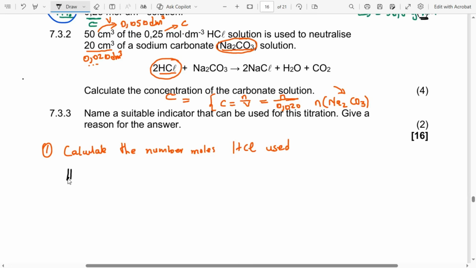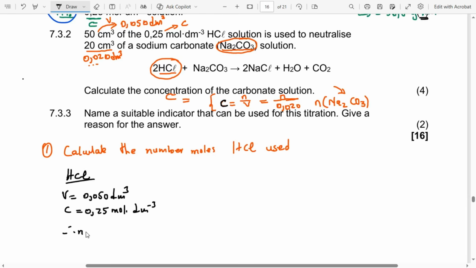So for HCl, I need to write down the data. The volume for HCl was given as 50 centimeter cubed, which is something that we converted into 0.050 decimeter cubed. The concentration is given as 0.25 mole per decimeter cubed. From this information we can make n the subject of the formula.